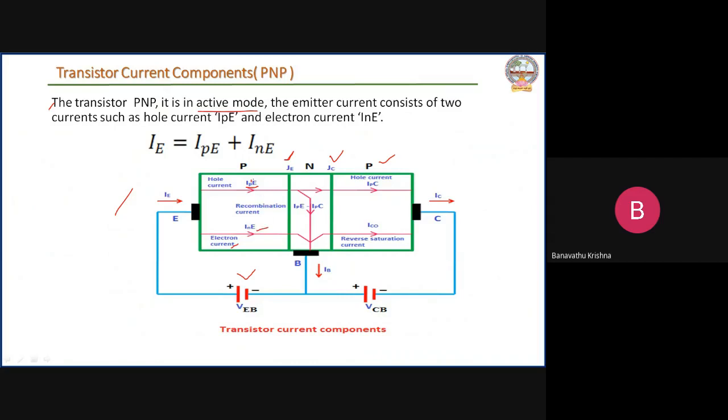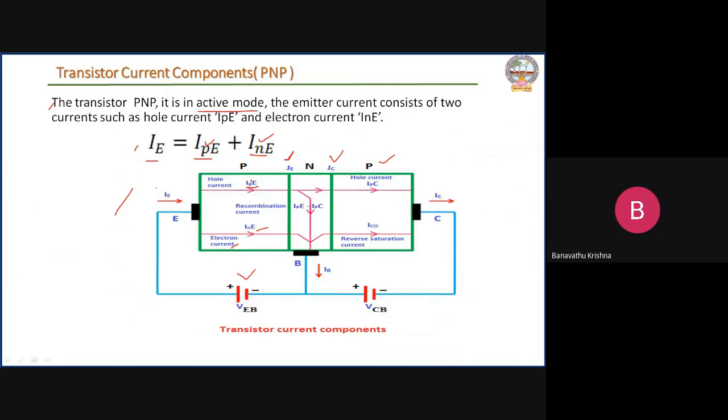So the total emitter current is IE equal to IPE plus INE, where IPE is the majority charge carrier current in the emitter and INE is the electron current, from the minority charge carriers in the emitter region. Electrons are the minority and holes are the majority. So the total current in the emitter region is the emitter current.